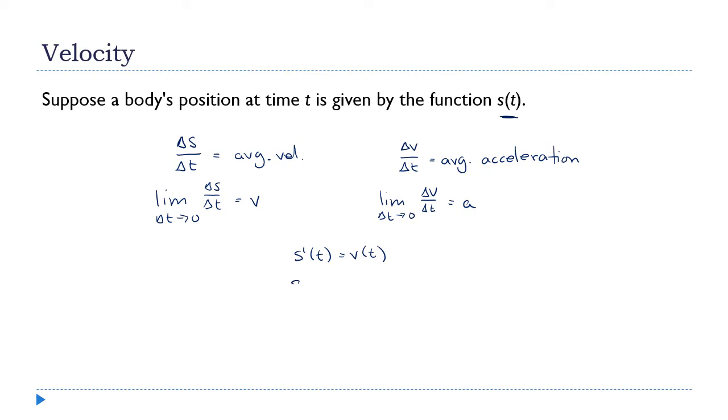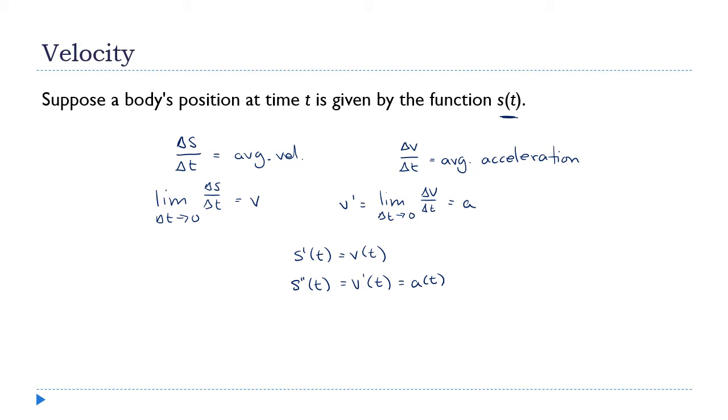The second derivative, s double prime of t, is equal to v prime of t. And we saw up here the limit as delta t approaches 0 of delta v over delta t. This is the derivative of v, and that equals the acceleration.